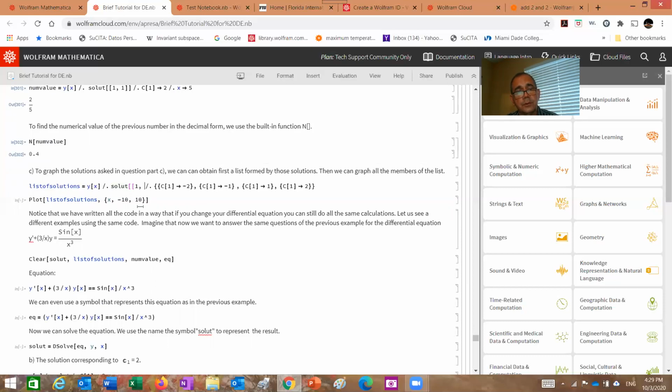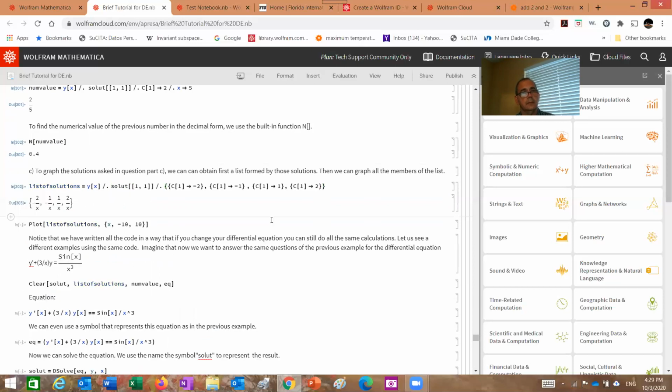I'm going to consider these rules only what is inside without the braces, and then I'm going to replace the C1 by -2, -1, 1, and 2. Let's see what we get here. Yes, we get a list of all functions corresponding to these values of the C.